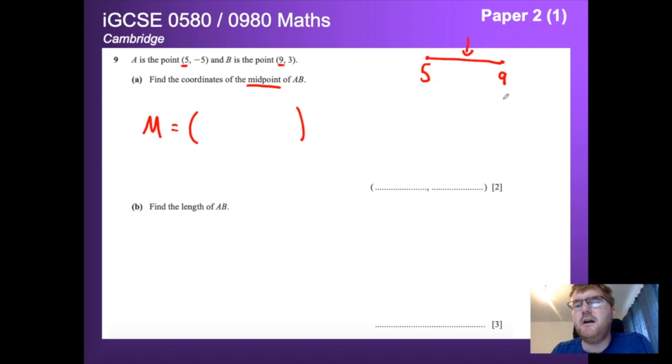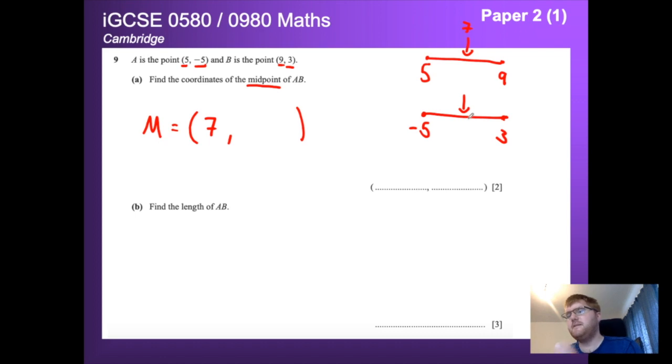Now you can do 9 plus 5 divided by 2, but I think many of you out there will notice that 7 is halfway between those numbers. So the midpoint will have 7 as the x coordinate, and then now we look at the y coordinate, -5 and 3, and do a similar analysis. So here's my -5, here's my 3, and I want to work out halfway in between.